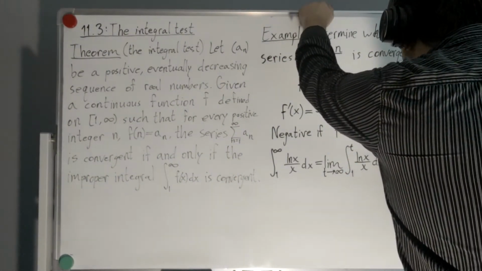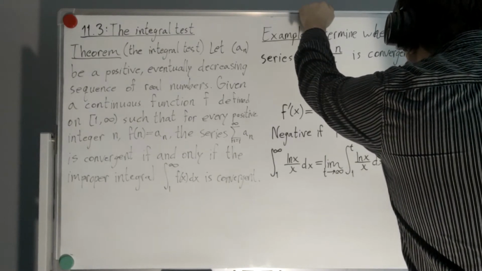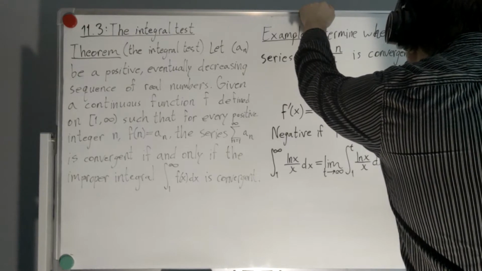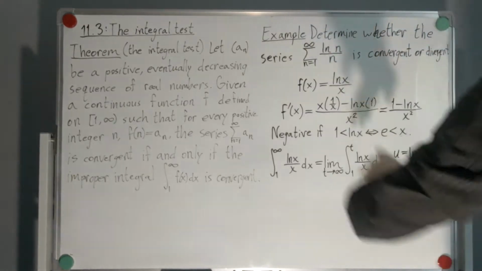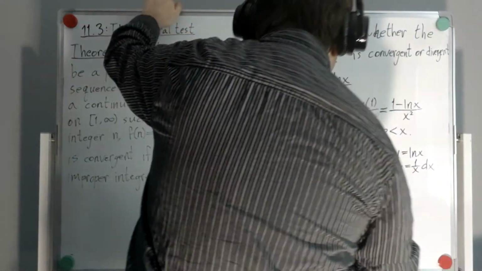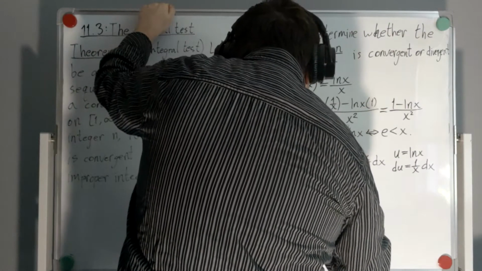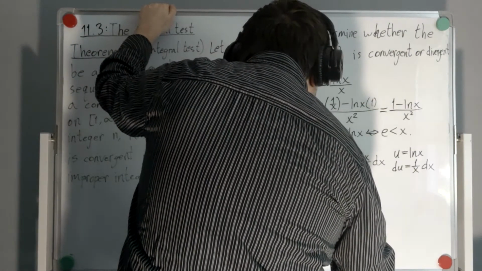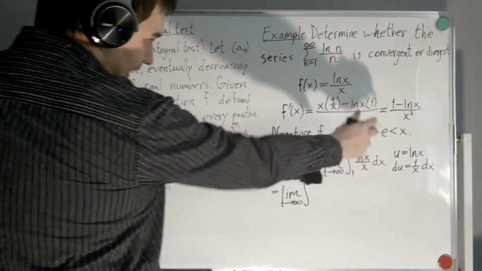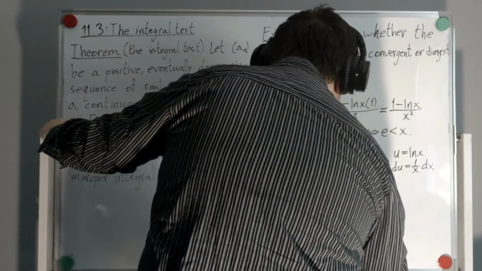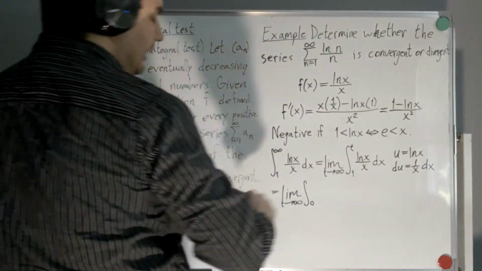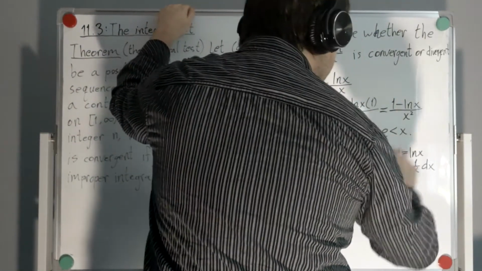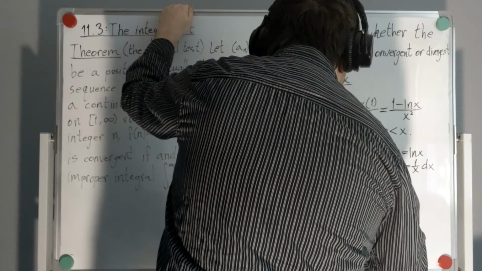If we just set u to be ln x, then du will become 1 over x dx, in which case this improper integral now becomes the limit as t approaches infinity of the integral from, let's see, ln 1 is just 0, up to ln t. Ln t is whatever ln t is. And this is just u du.